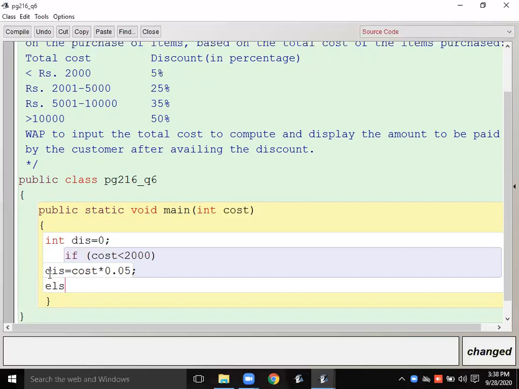Now second is else if. If we have more than one condition in the program, then only one condition we give in the if, and after that we will use else if. Okay, see the else if.